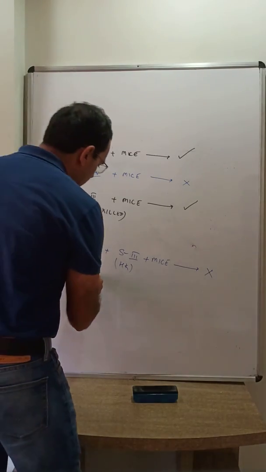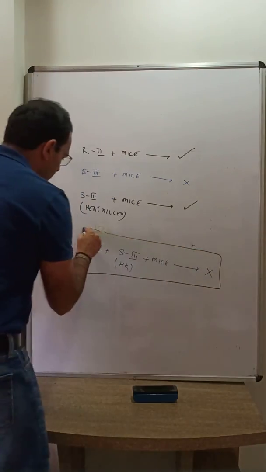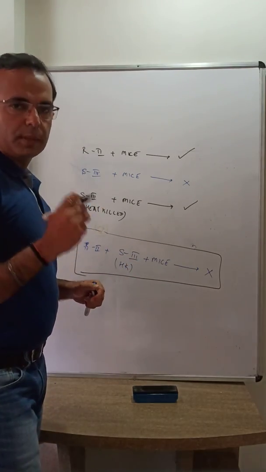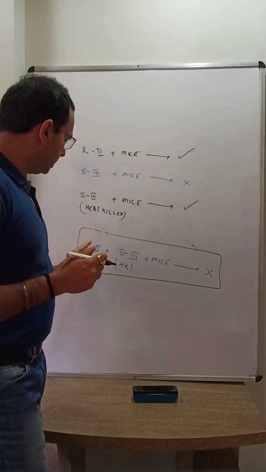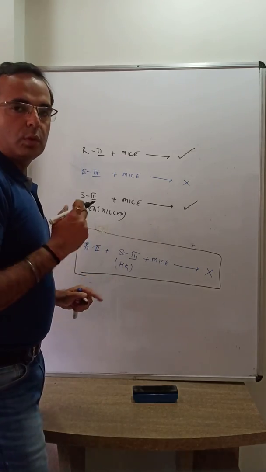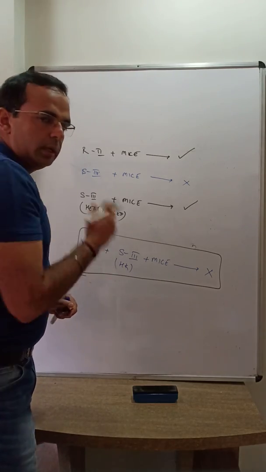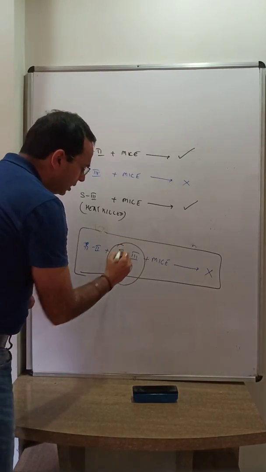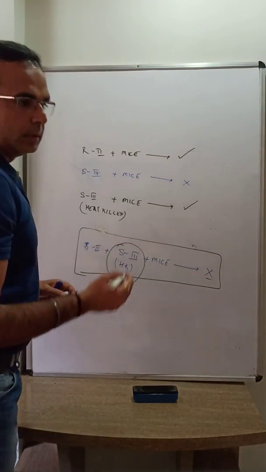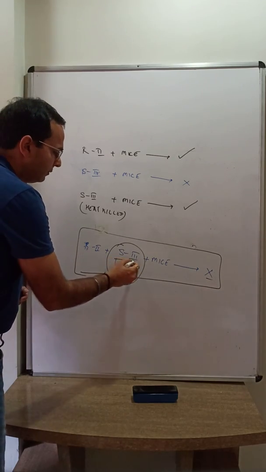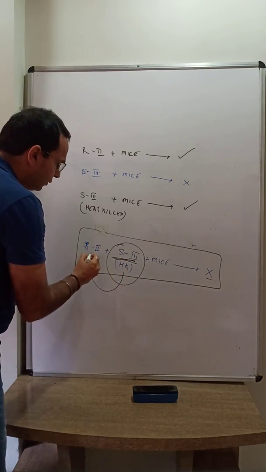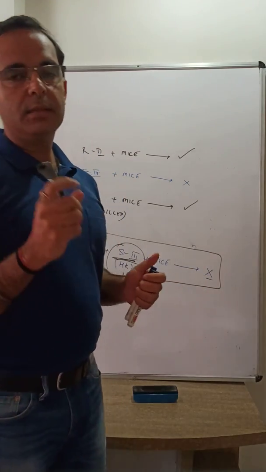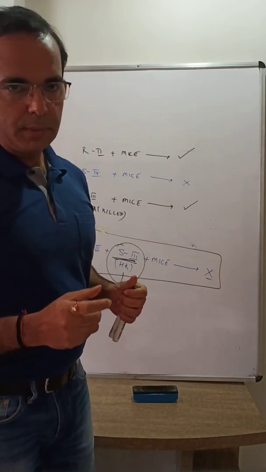So in the last part, he found out that there was something, a transforming principle, that converted the R2 strain, which was non-virulent, into the virulent one. Although the S3 was heat killed, still the mice died. The reason for this is that something from the S3 transformed the R2. Hence, he gave this experiment as the transforming principle experiment.